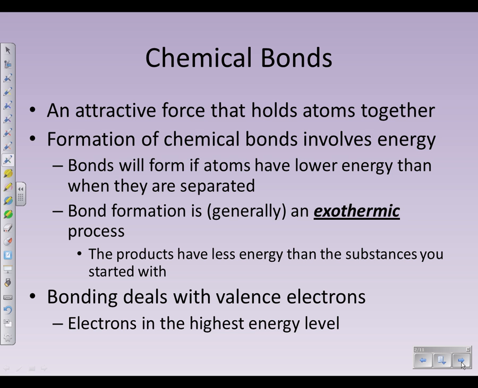This information on this screen deals with bonding in general. But what we find is that there are different ways that atoms go about accomplishing these things. We're going to start talking about one of them today. Okay? That's what this unit is about. How do atoms go about accomplishing this stuff? So, first, if we're going to deal with valence electrons, we have to have a way to represent that.